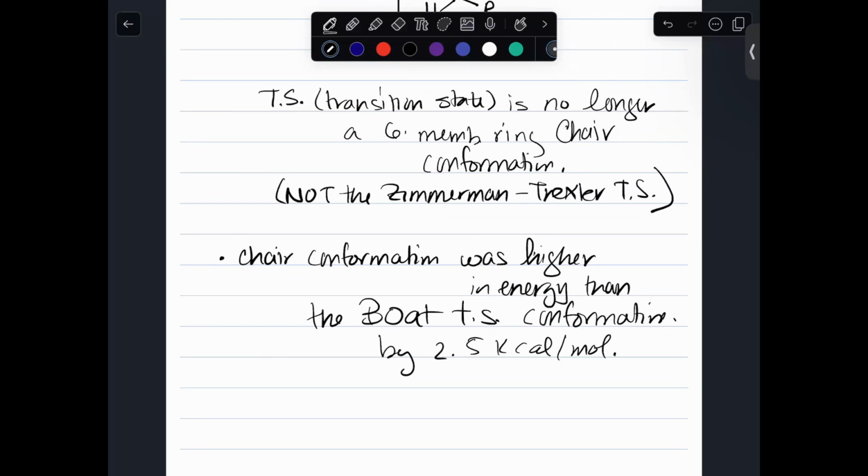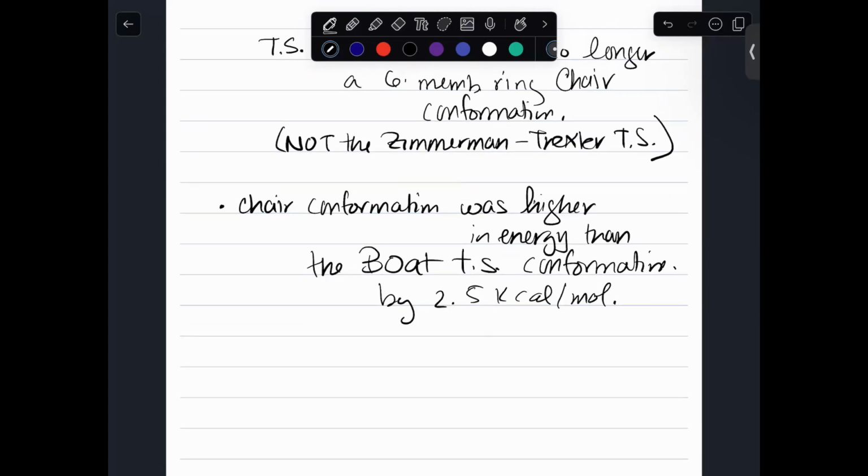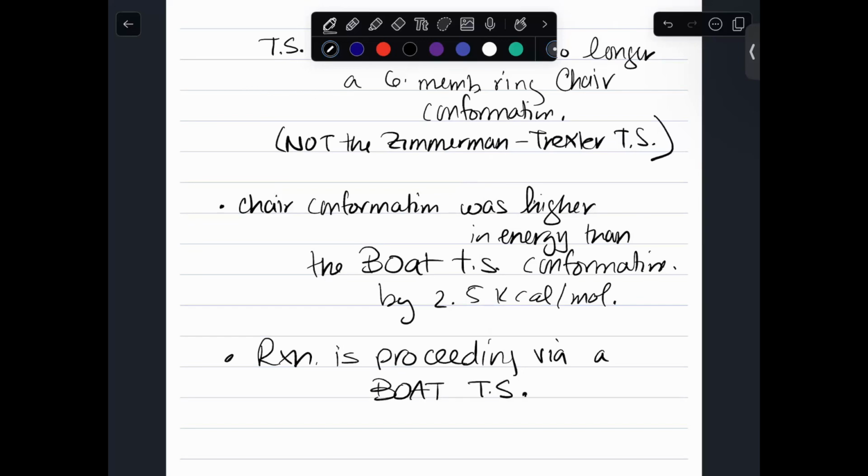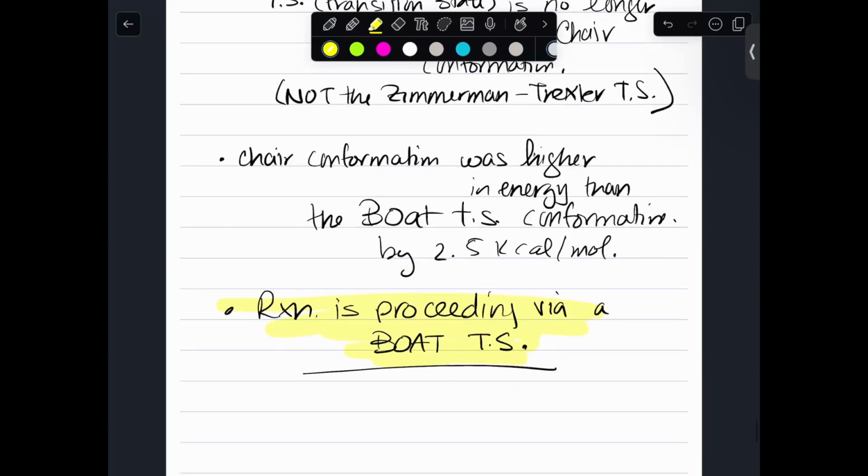And so what they rationalized is that the reaction is proceeding via a boat transition state and not the chair transition state. Okay. And if you remember in sophomore organic chemistry, we tell you, hey, the boat transition state is terrible.